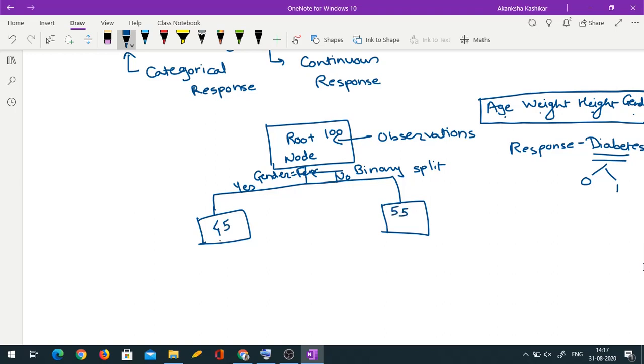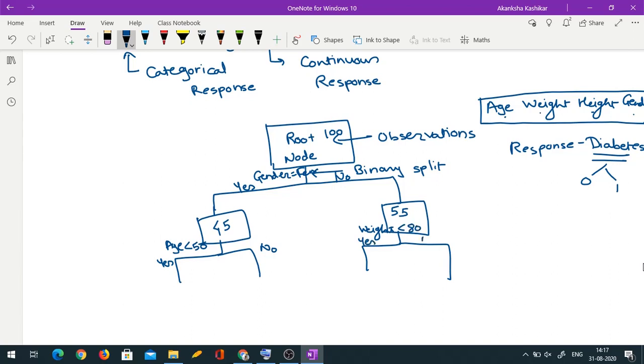Now this would be split further on the basis of some other variables. Maybe this gets split on the basis of age less than 50. So age less than 50, yes will always be left branch, no will always be right branch. And this, suppose, gets split in terms of weight. So suppose weight less than 80.